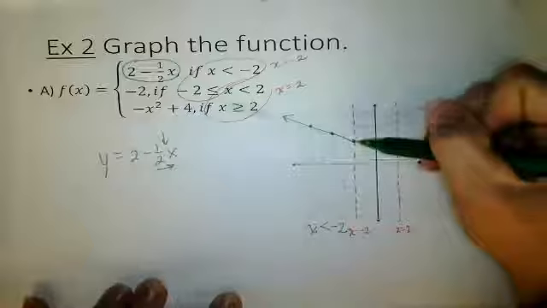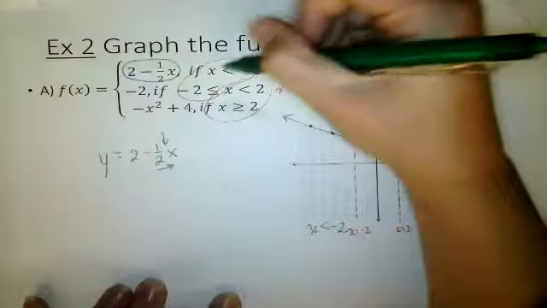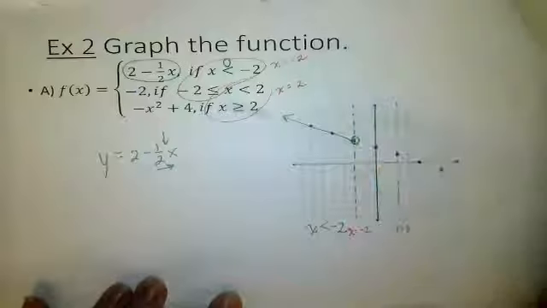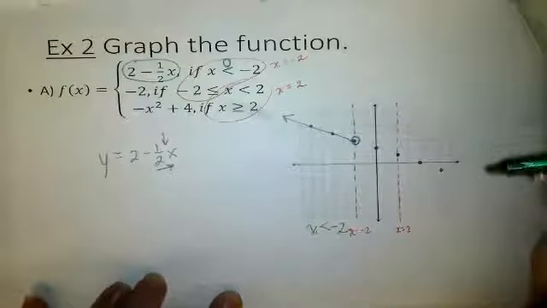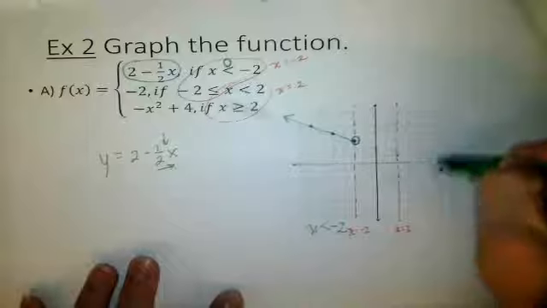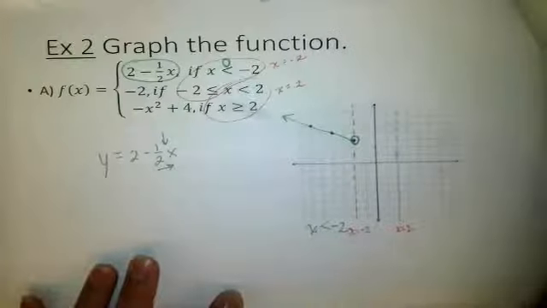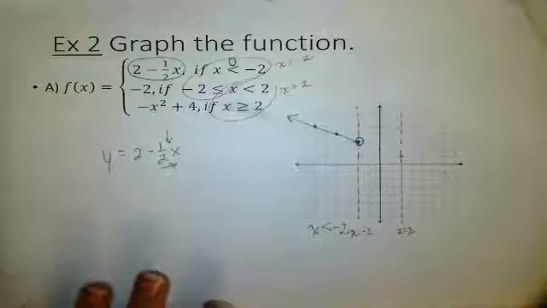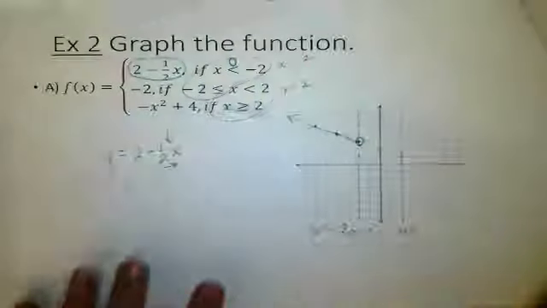At -2, open or closed dot? Big open dot here. So I'm going to make that a nice big open dot. What should I do with my other dots? Get rid of them. We don't need them. So when you do this, I recommend using pencil or erasable pen, which is what I love. Okay. All right.